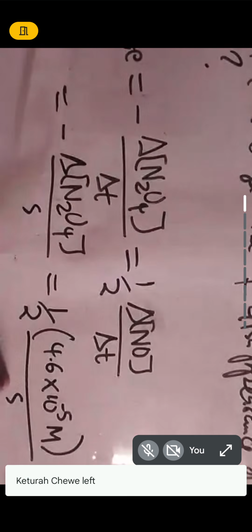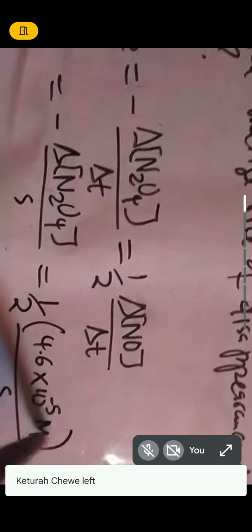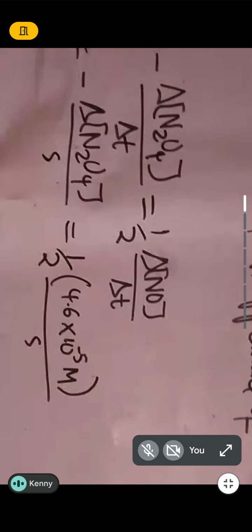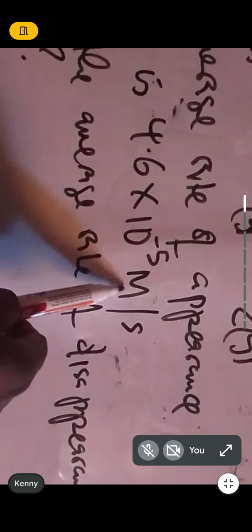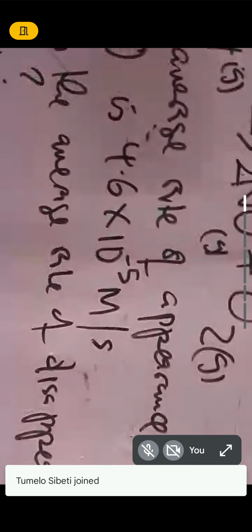Yes, it's the rate, molar per second, not concentration. Even when you write it like this, molar over second, since we are dealing with rate, not concentration.